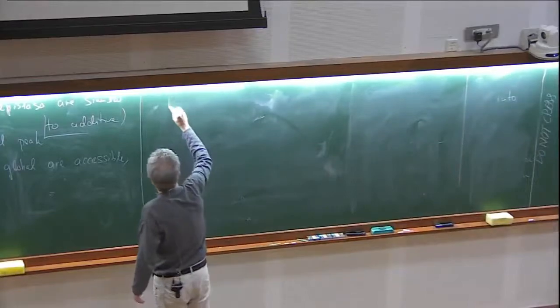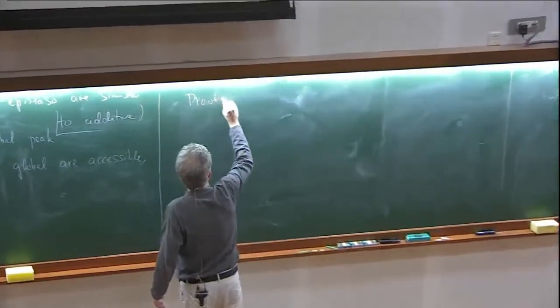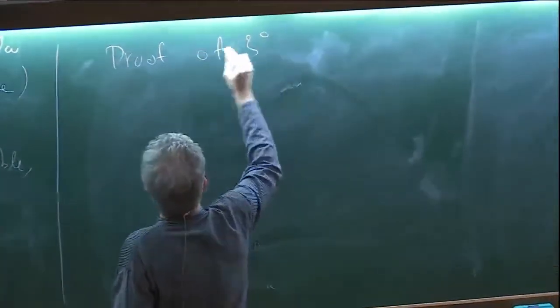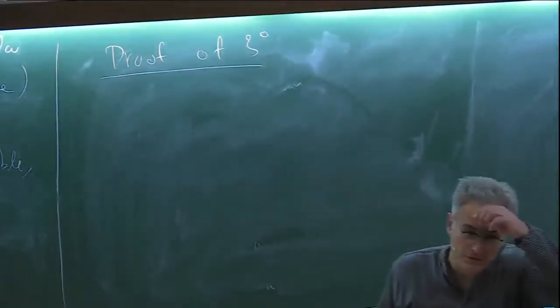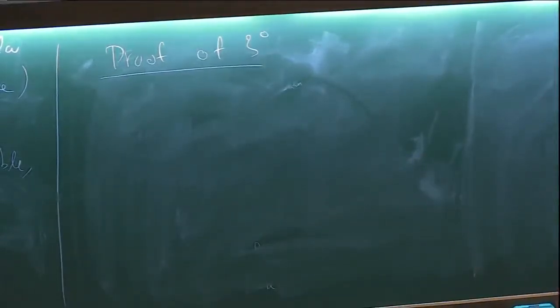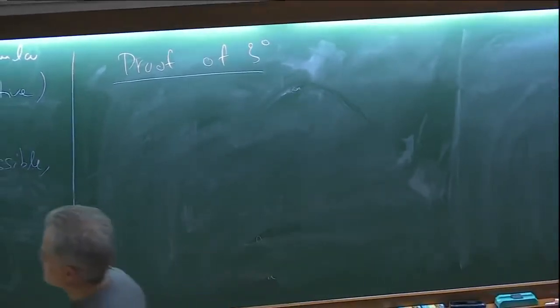So, proof of statement number 3. Okay, so what we have to prove is that if there are multiple peaks, then there must also be a reciprocal sign epistasis, right? This is sort of the logical equivalent of this statement.